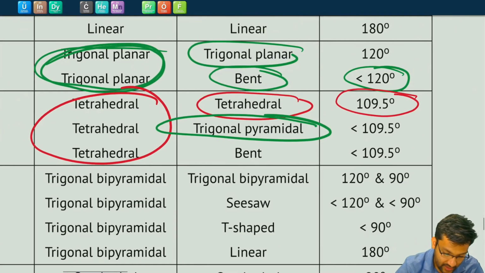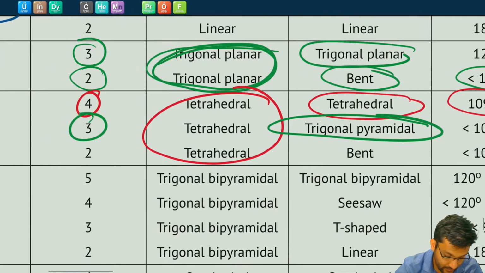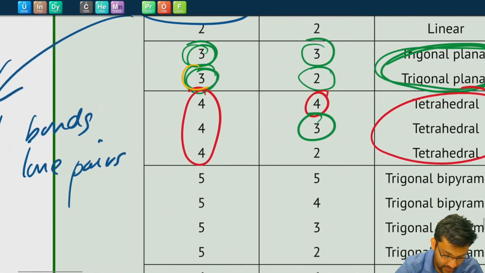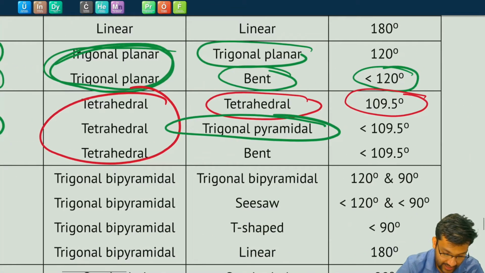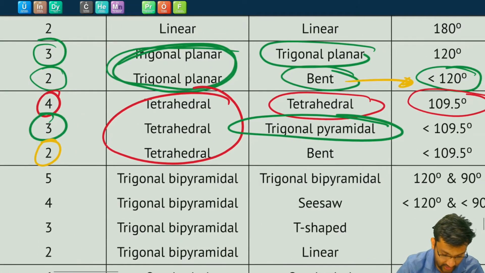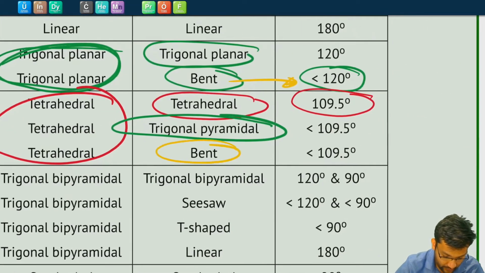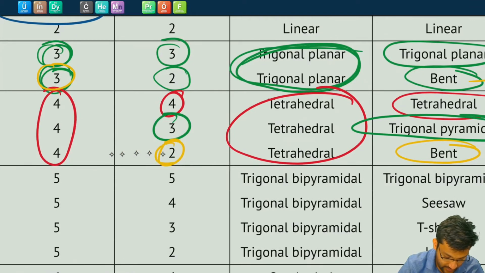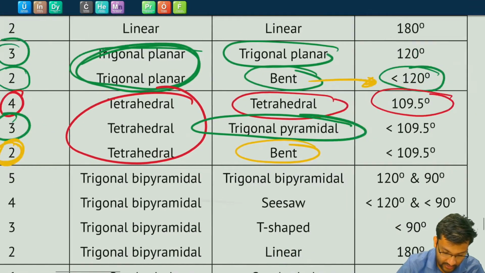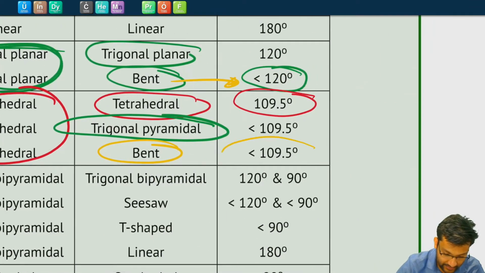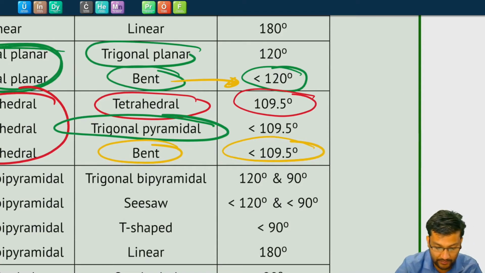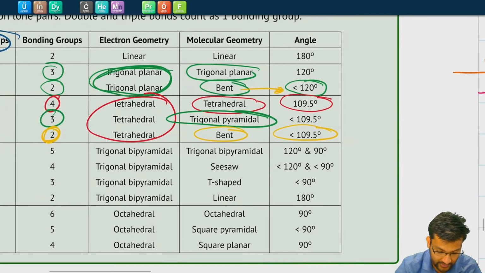When they had 3 electron groups, that bent structure had an angle of less than 120 degrees. With 4 electron groups and 2 bonds, it's also a bent structure, but this time the angle between those bonds is 109.5 degrees.